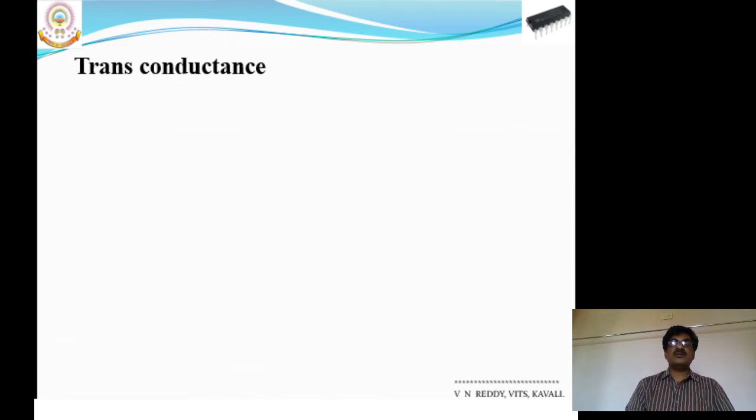Now, what is meant by transconductance? First define what is meant by conductance. Conductance is the ratio of current to voltage. Now transconductance is the relation between output current and the input voltage.